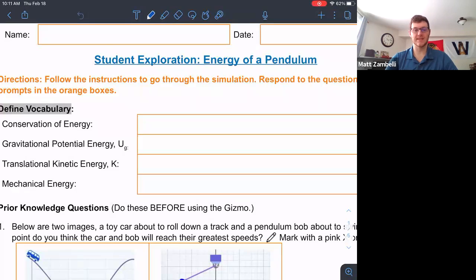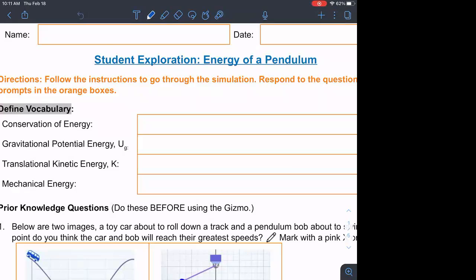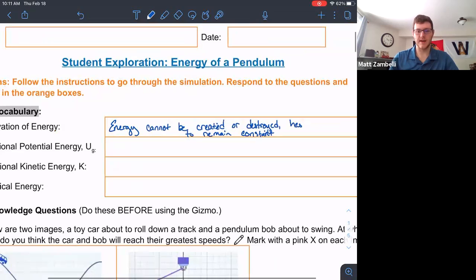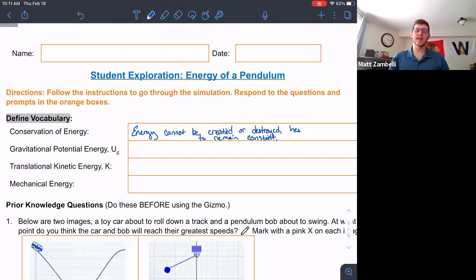Nobody has a definition for the conservation of energy? It's when energy can't be created or destroyed, so nothing's changing. Perfect. Energy can't be created or destroyed. Has to remain constant. Which means energy is going to be transferred from one thing to another, or one form of energy to another form of energy, but it doesn't just go away.